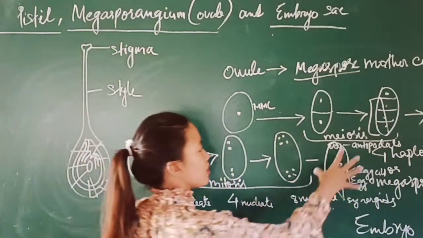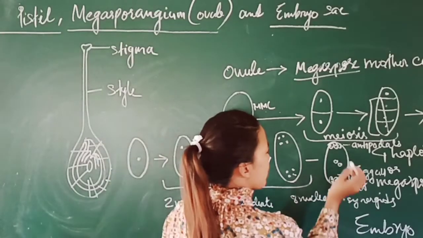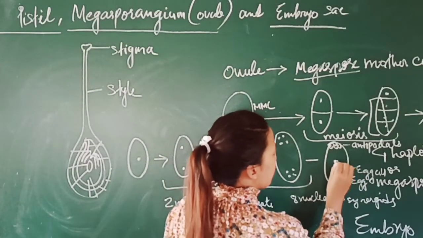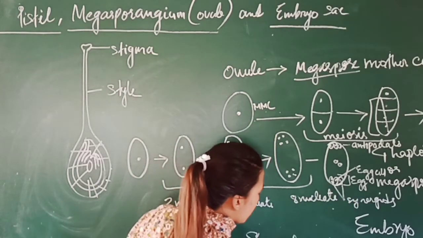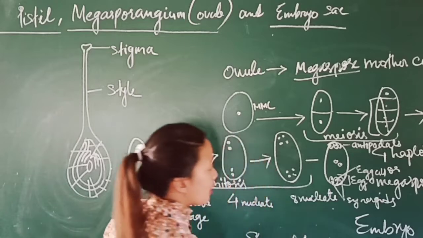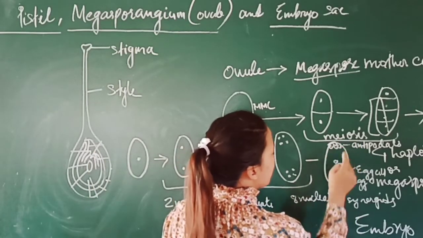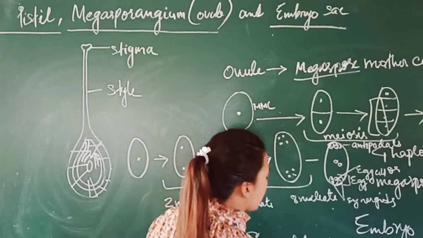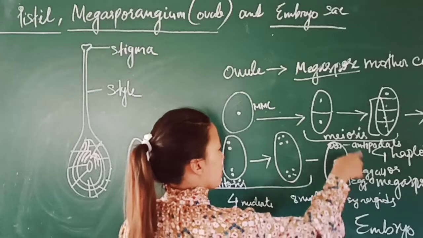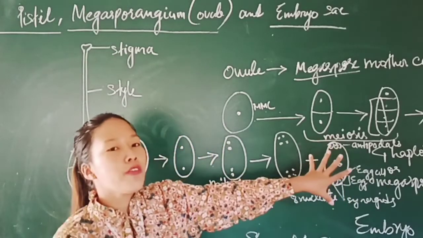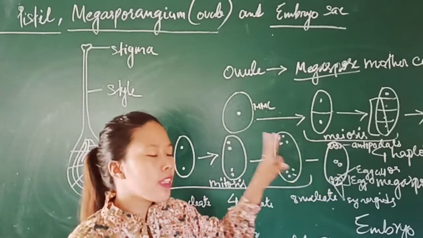Now if we look at this structure, how many nuclei do we see? 1, 2, 3, 4, 5, 6, 7, 8. So we see 8 nuclei. And how many cells? 1 big cell, 2, 3, 4, 5, 6, 7. Only 7 cells. This is the structure of the embryo sac, or the mature female gametophyte.